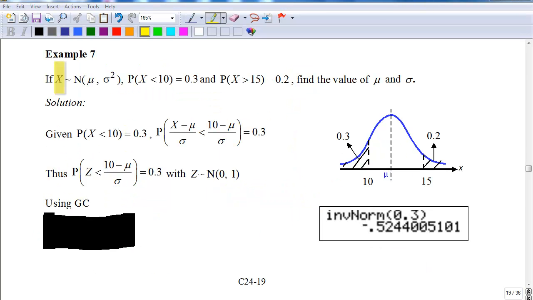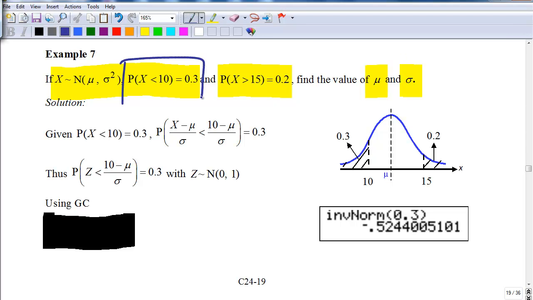In example 7, you see something similar, but this time your x has two unknowns. It is normal with unknown mu and unknown variance sigma squared. But you also have two equations this time: the probability x less than 10 equals 0.3 and the probability x bigger than 15 is 0.2. You want to find mu and sigma. Just like the previous question, I'll make use of the information that I have.